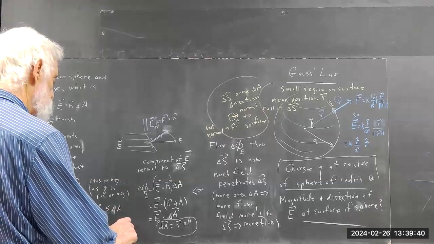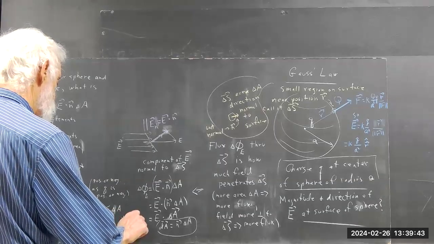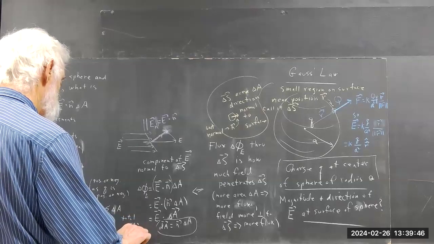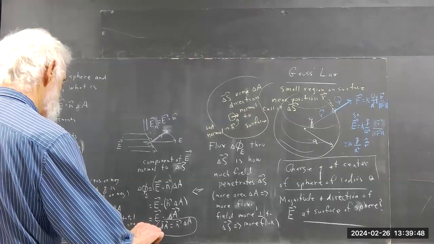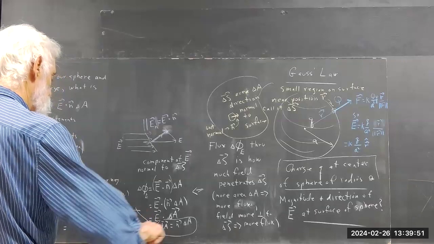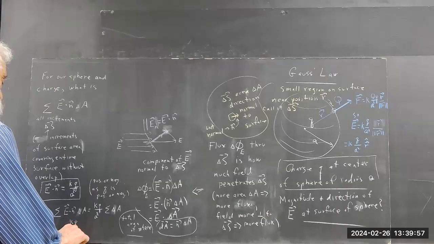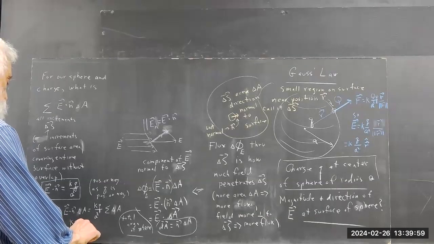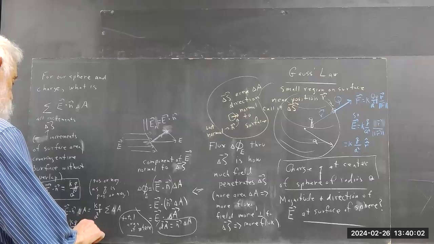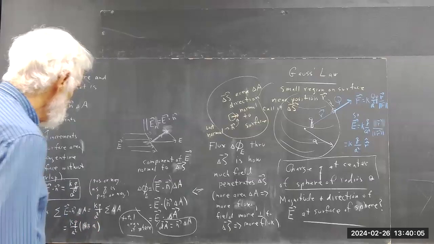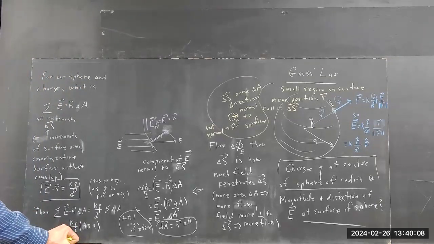This sum is equal to the total area of the sphere, KQ over A squared times 4 pi A. Now, just one comment: when I took calculus, I learned the formulas for all kinds of things in high school.